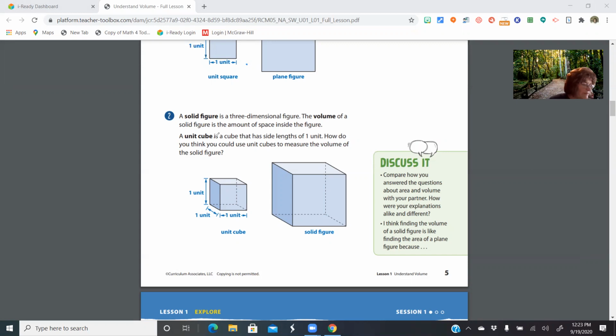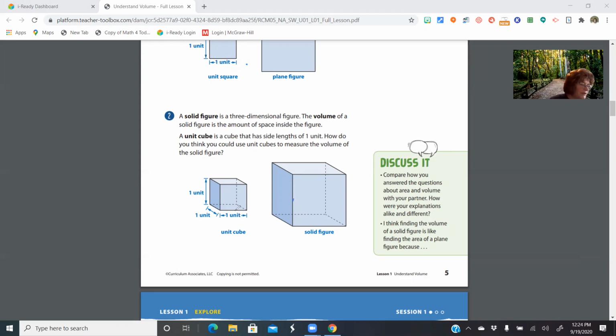The volume of a solid figure is the amount of space inside the figure. So we're talking about the inside of this. A unit cube, this is a unit cube. Once again, up here was a unit square. This is a unit cube. Is a cube that has side lengths of 1 unit.